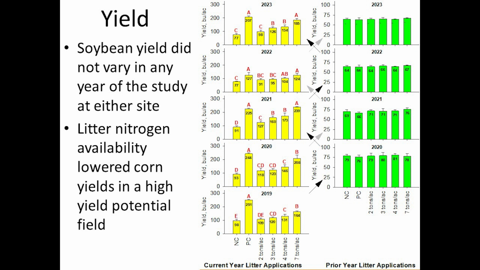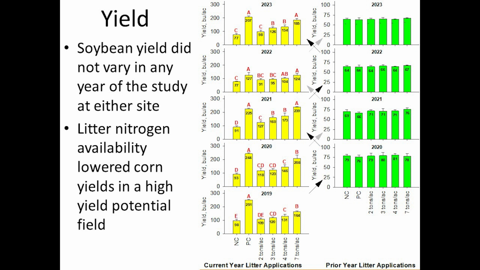We'll take a few minutes to explain what you're looking at. So what you're looking at here is data from Milan. This is in yellow is the corn, and in green is the soybeans. And we started the study in 2019 in corn, and then we went to soybeans in 2020.